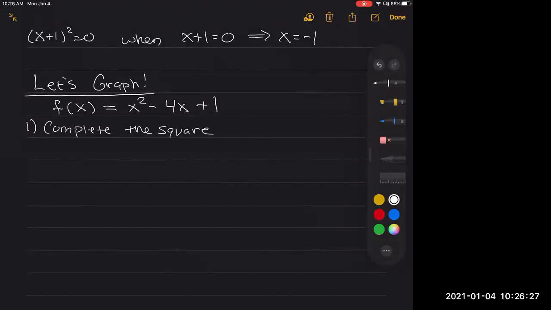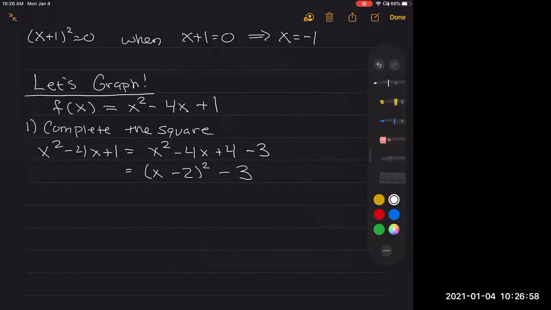Y'all should remember how to do this from 116. So we have x squared minus 4x plus 1. This equals x squared minus 4x plus 4 minus 3. And then we are able to write this as (x minus 2) squared minus 3.